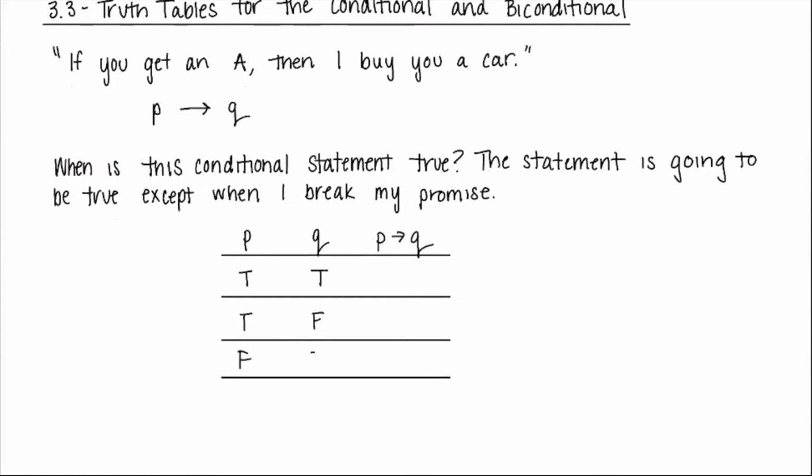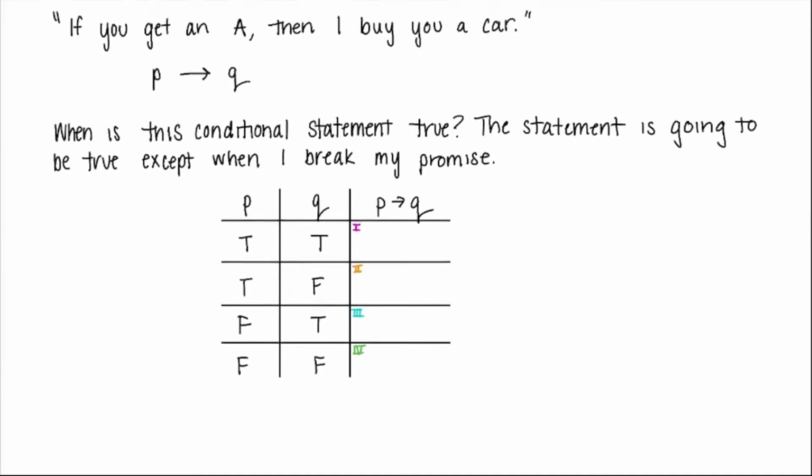So one could be false, one could be true, and they could both be false. All right. So I'm going to call this case 1, case 2, case 3, and case 4.